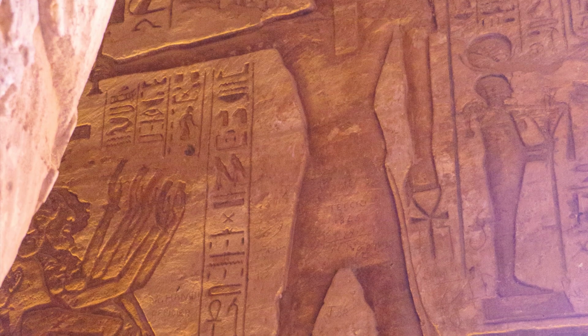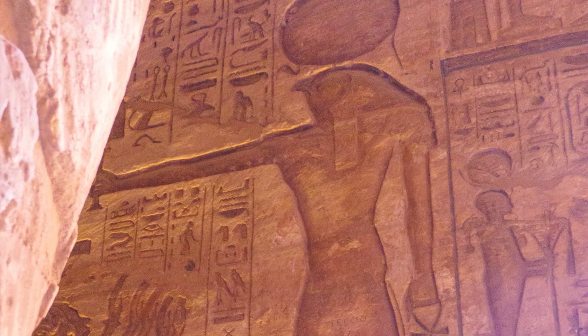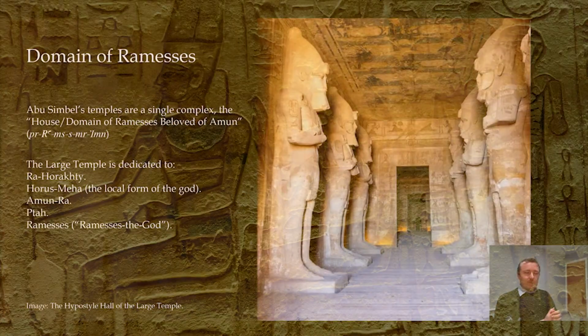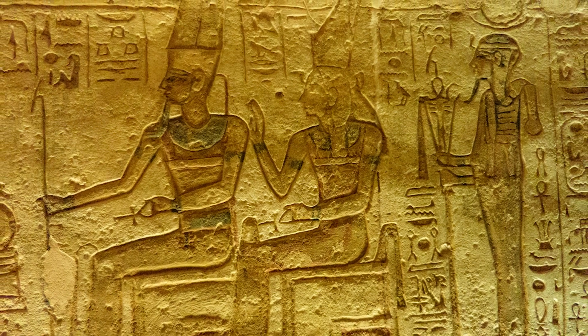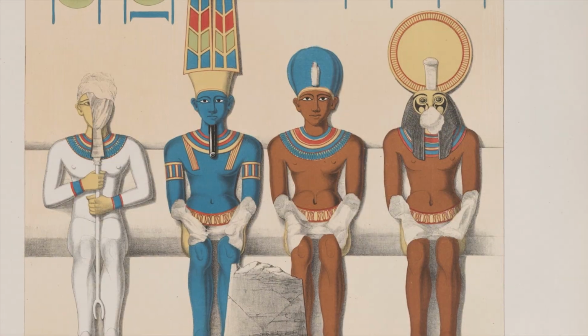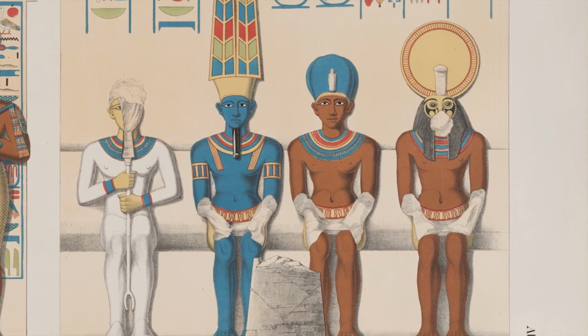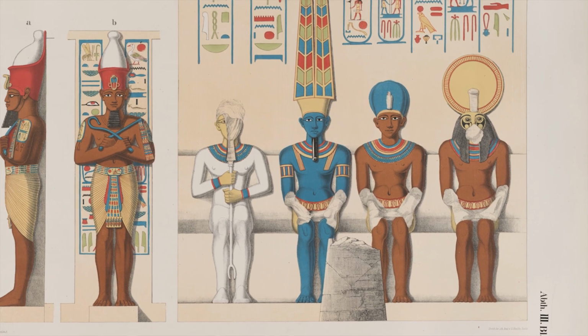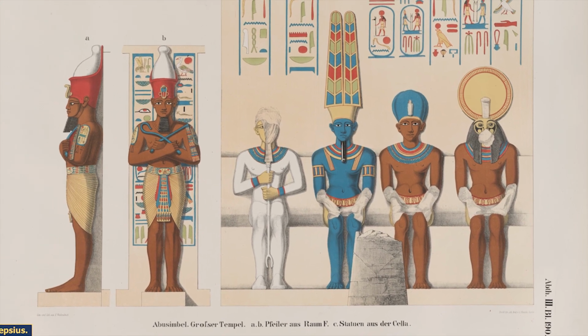The region itself is called Mecha, and Horus of Mecha seems to be one of the main figures in the sanctuary. Then, of course, we have Amun-Ra and Ptah, and as I mentioned earlier, Ramesses himself, but Ramesses presenting himself as a new god, not just a Horus, not just a son of Ra, but literally Ramesses the god.